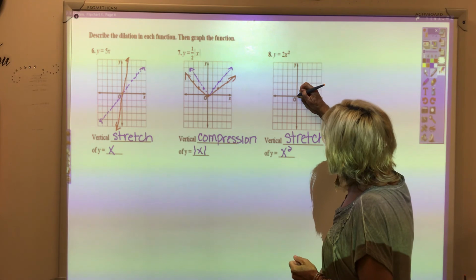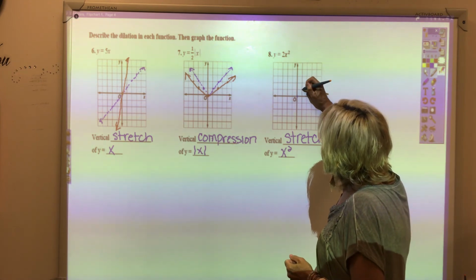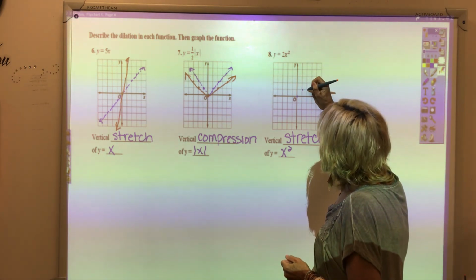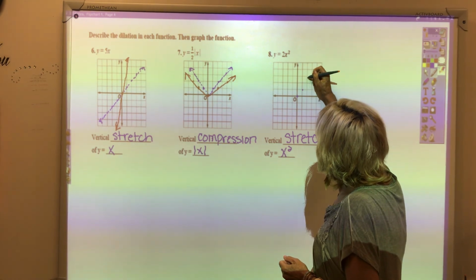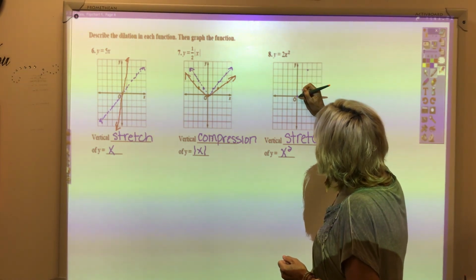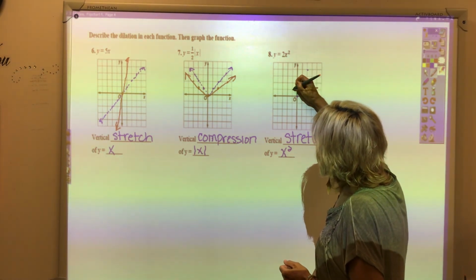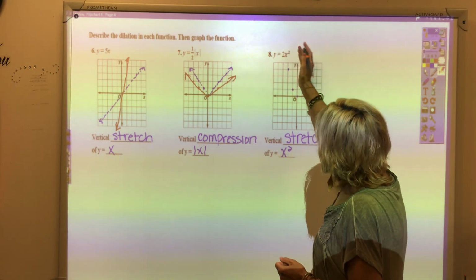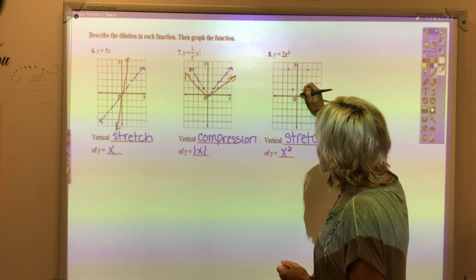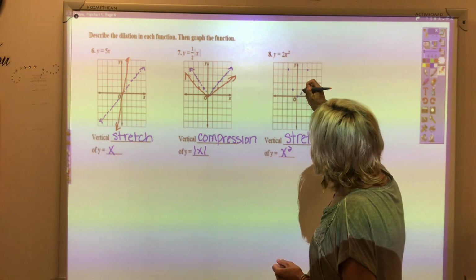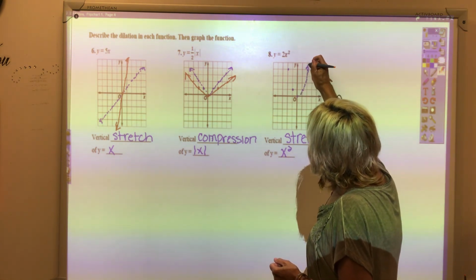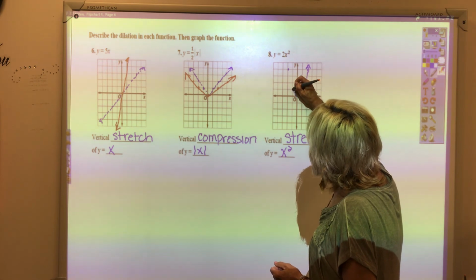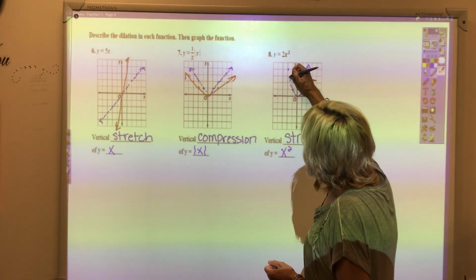We had a point at 0, 0, at 1, 1, at 2, 4. Same thing on the other side, it's just a reflection. So the points are equidistant from the middle. So the parent function looks like so.